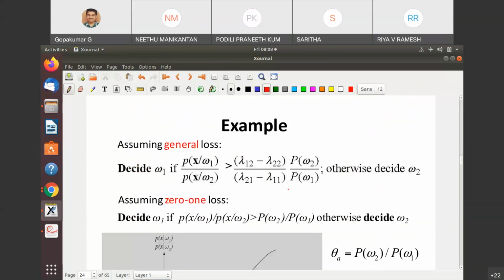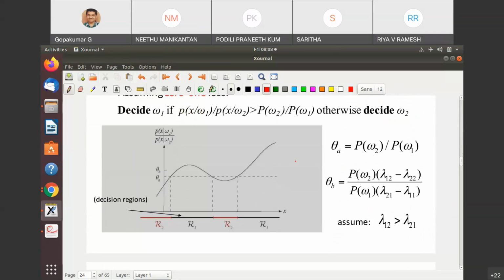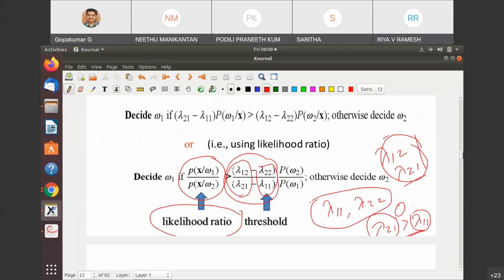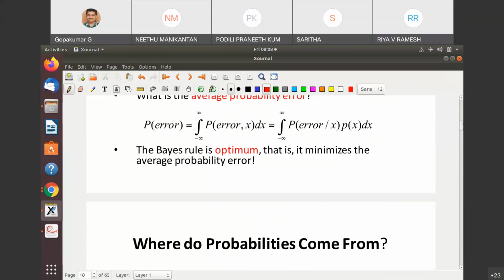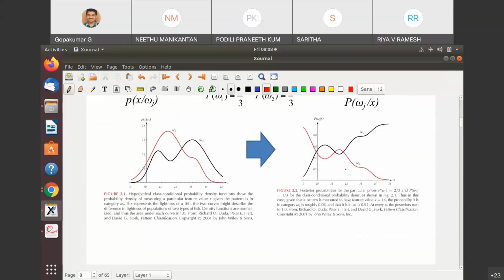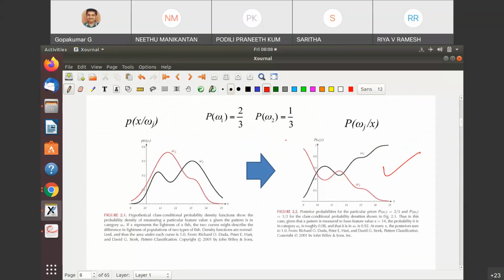If we go to this particular graph, earlier we have seen a probability distribution of this kind. For particular prior probability values, we have seen how the posterior probability plot will look.